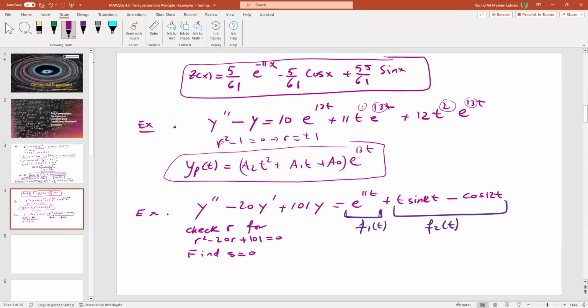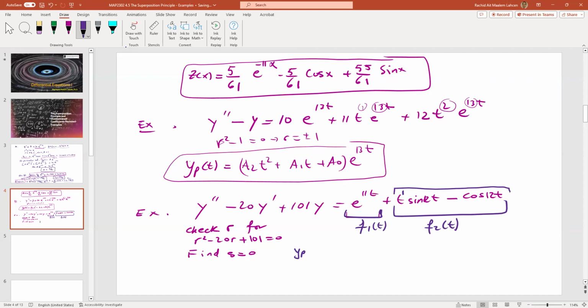As far as looking at just these two, we have a t here that is degree 1. We don't have a t there. So based on the method of undetermined coefficients, we can use a first degree polynomial.